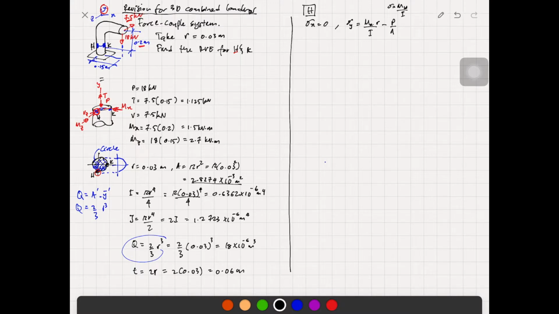So we need to subtract. I begin with the positive for that direction, moment x times r over I, and because P is pointing downward it is usually affiliated with the negative, so we have minus P over A for that particular location.